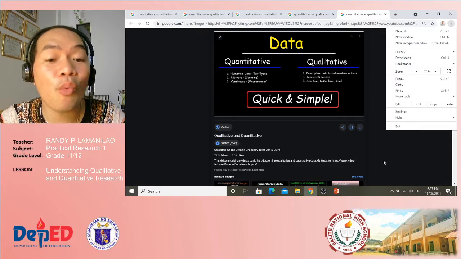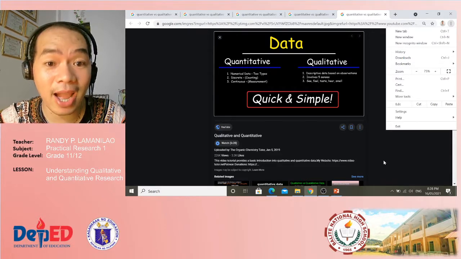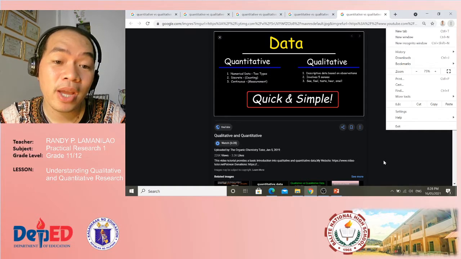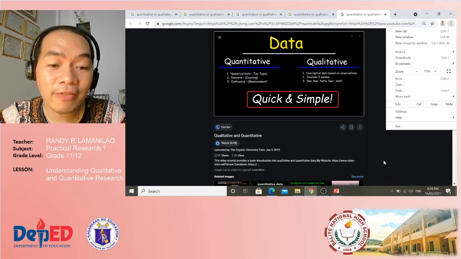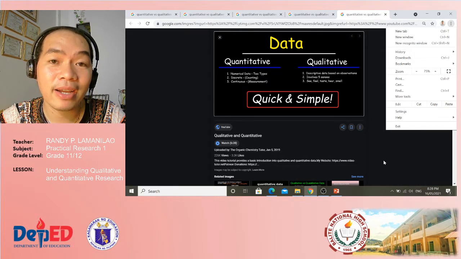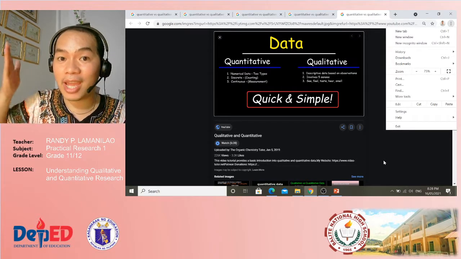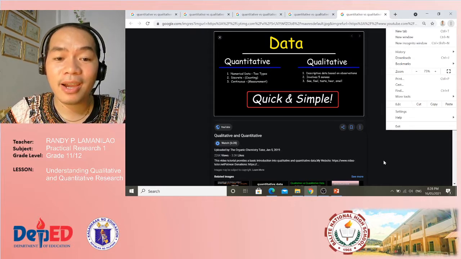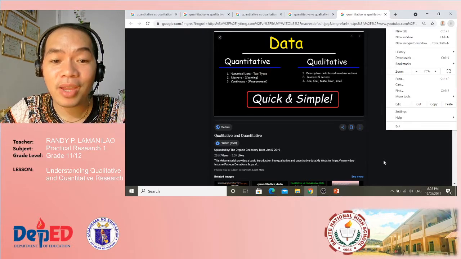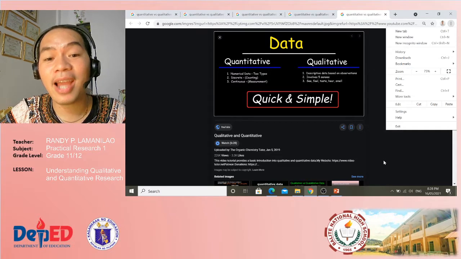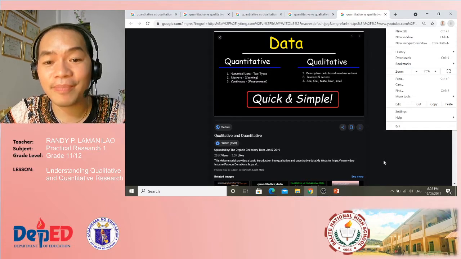Yung data ng quantitative, numerical, meaning may numero. Yung quantitative din, discrete, and counting. Okay? Kasi nga numero. At yung measurement din ay ginagamit sa quantitative. Alright?